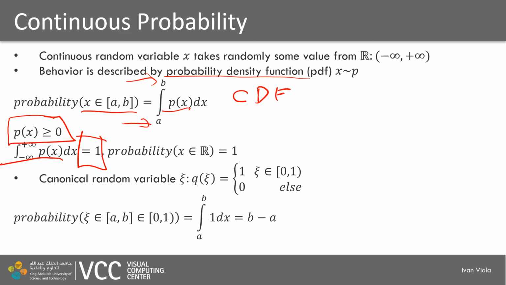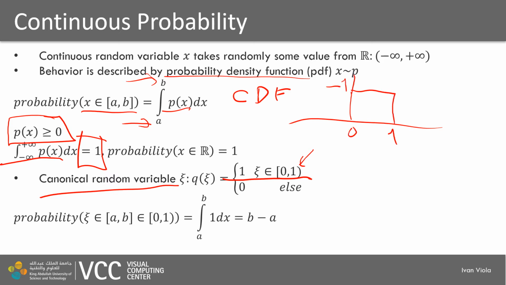Now, let's define a so-called canonical random variable, whose probability is 1 and uniform over the entire interval 0 to 1, which is open on the side of 1, and its probability is 0 elsewhere. So the integral of this will be 1, as we can see.